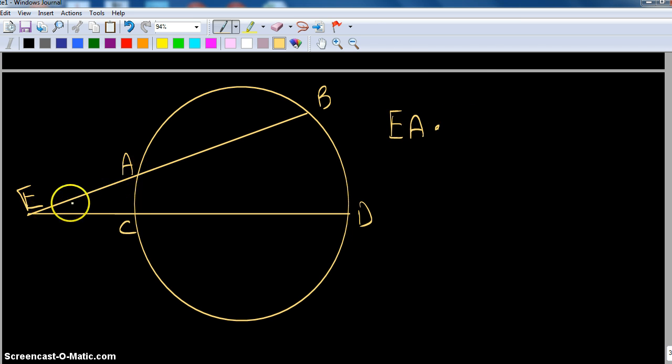You get the small one times the big one, all of it, times EB. That's equal to the small one EC times the big one, which would be E to D.